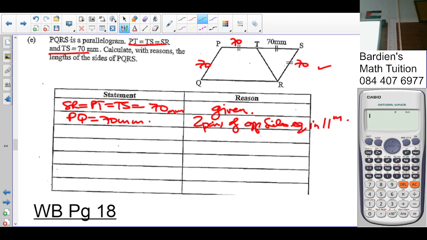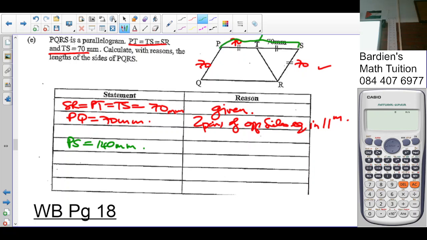Do I know the length of PS? Yes, it's 70 plus 70, which is 140 millimeters. Do I need a reason there? No, I already stated 70 and 70. If you're adding two lengths or subtracting two lengths, no reason is required. So this is 140 millimeters.